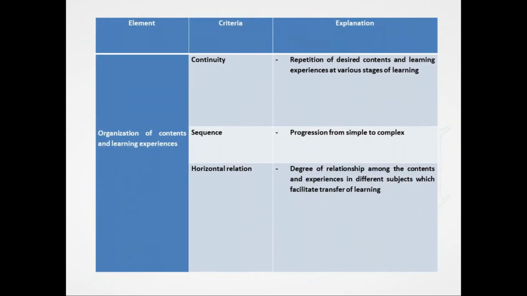Element, criteria, explanation. Organization of contents and learning experiences: continuity, repetition of desired contents and learning experiences at various stages of learning; sequence, progression from simple to complex; horizontal relation, degree of relationship among the contents and experiences in different subjects which facilitate transfer of learning.